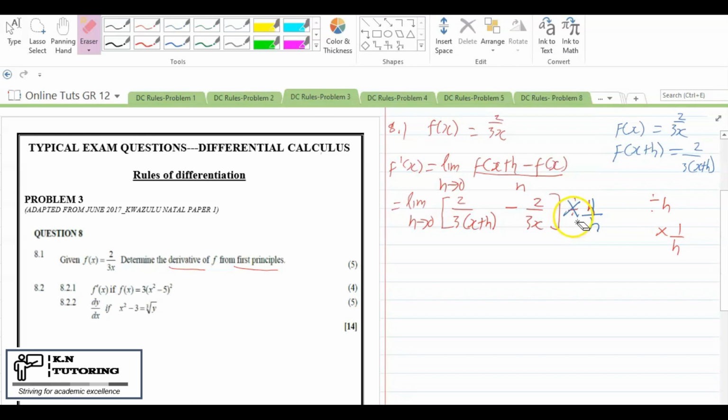So it's better to eliminate one division and write it as a multiplication. So I will write this as 1 divided by h. I will continue with my simplification. This is h approaches 0. Now I'm going to simplify whatever is inside the bracket.